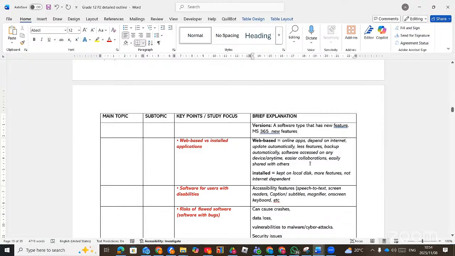So these are some of the advantages, but the disadvantage is that you need faster internet connectivity. Then the installed applications are kept on the local disk. They have more features and are not internet dependent.